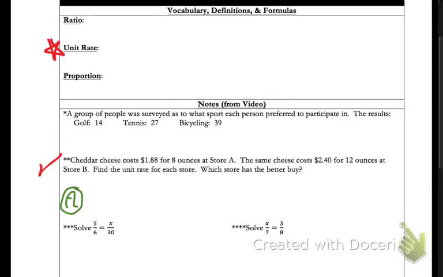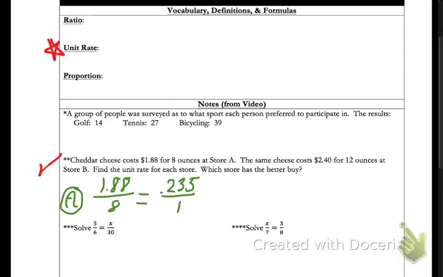Now the way I said that is how we're going to divide. So we're going to take the cost per ounce, $1.88 divided by 8.